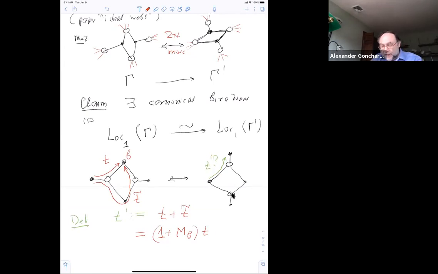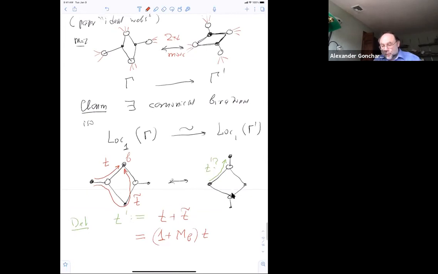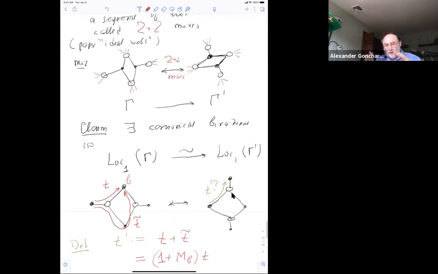And this way I can identify moduli spaces of line bundles on one bipartite graph and another bipartite graph if they are related by this elementary transformation. In order to prove that I can relate any two bipartite graphs by these moves, in particular the ones related by triangulation, I first have to prove that any two bipartite graphs are related by a sequence of such elementary transformations, and I'm going to skip this.